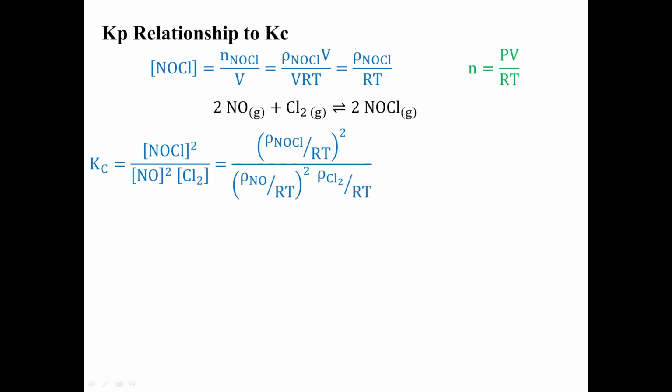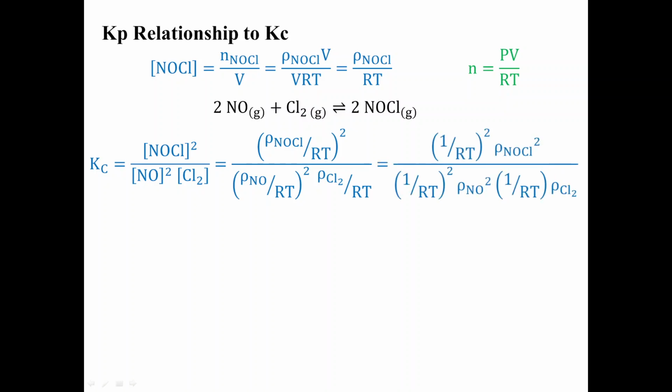Now we can go ahead and factor out 1 over RT out of each of these. So we'll end up with 1 divided by RT squared times the partial pressure of NOCl squared, divided by 1 over RT squared times the partial pressure of NO squared, and divided by 1 over RT times the partial pressure of Cl2.